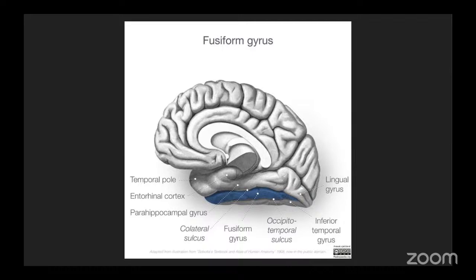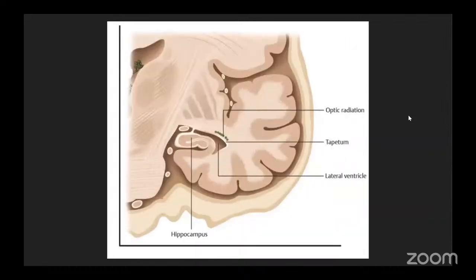Then we have the fusiform gyrus, which is color-coded blue. And then we have the inferior temporal gyrus. Somewhere around here, we have the preoccipital notch. This is the parieto-occipital sulcus. So this is the arbitrary line. So far, all good.